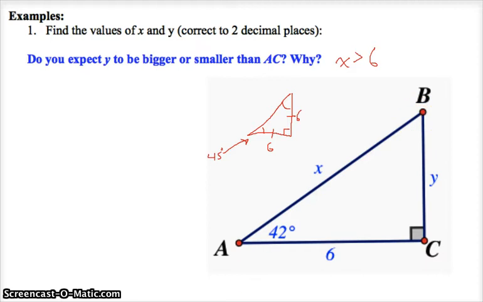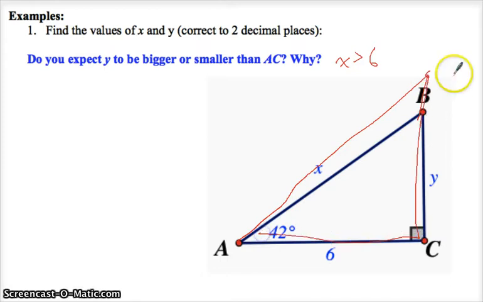Or if you think about it this way, if I drew a 45-degree angle in there, okay, first of all, where would the 45-degree angle go there? If we do a 45-degree angle here at A, 45 degrees would go kind of bigger than where it is currently. Not a whole lot, but slightly bigger. If we did that and went up to here on this triangle, that whole thing would be 6.